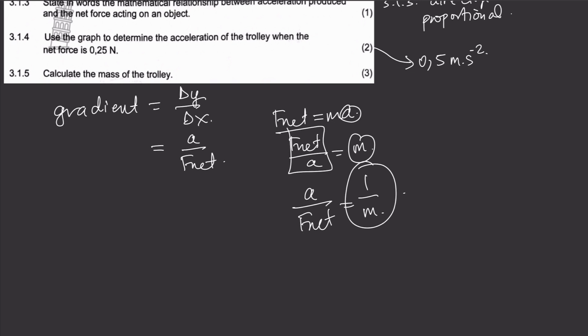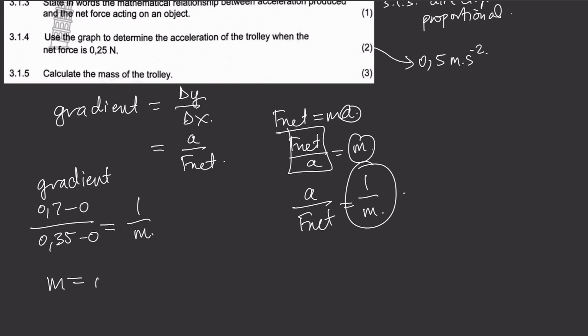So the change in y, so it's going to be 0.7 minus 0 divided by 0.35 minus 0. And that's equal to 1 over m. Remember, the gradient is equal to 1 over m. So now we can solve for m. We get m equals 0.5 kilograms.